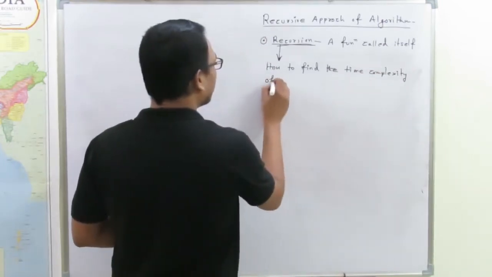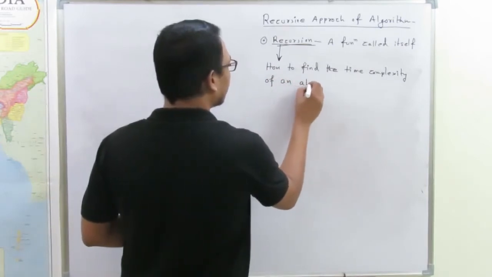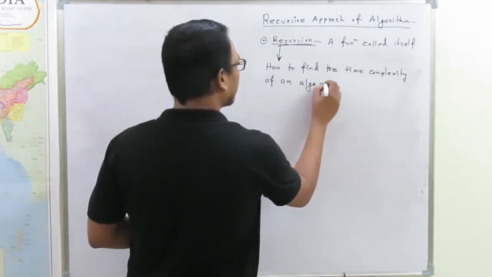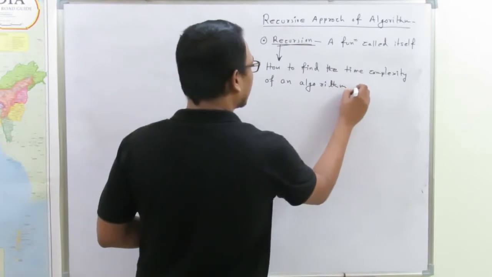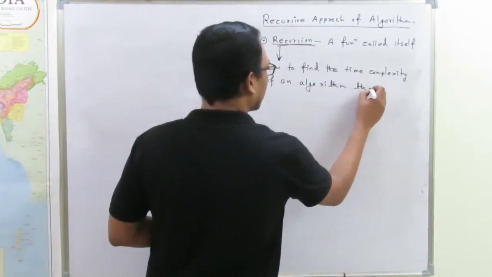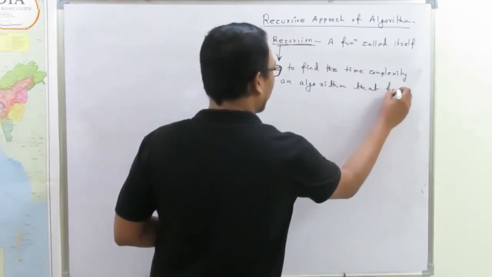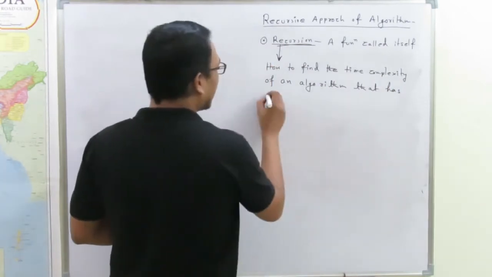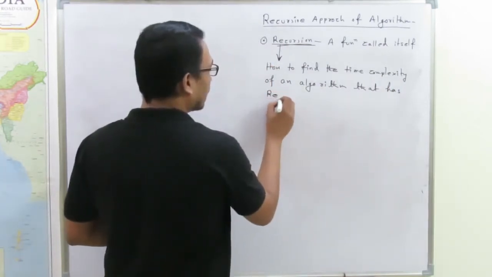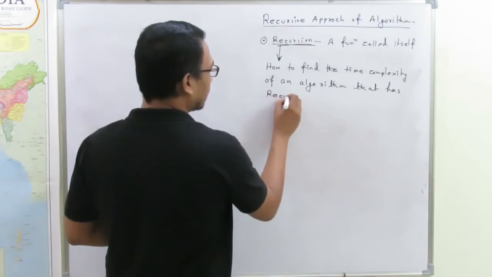Now, how to find the time complexity of an algorithm that has recursive implementation?